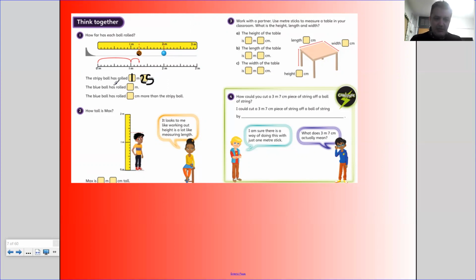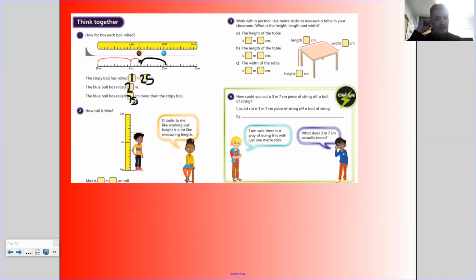Okay, so the blue ball has rolled. It looks to me bang on 2 meters. Now, what I can do is make this jump to 1 meter 30, I've added 5, then I add another 70. So the blue ball has rolled 75 centimeters further than the stripy ball.